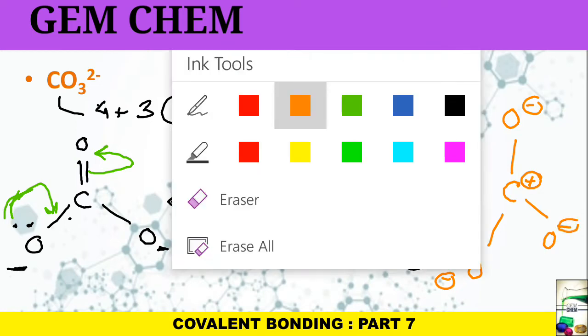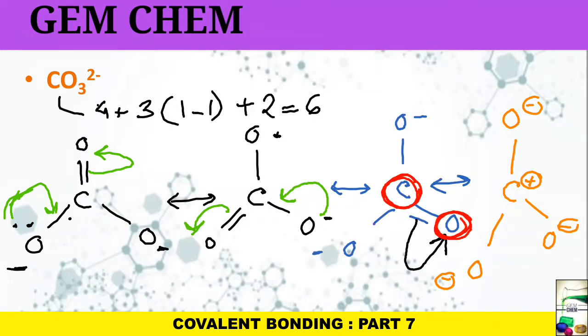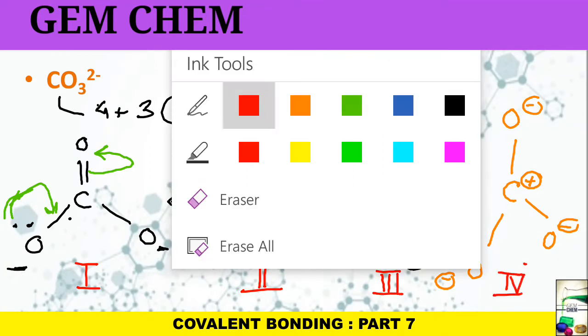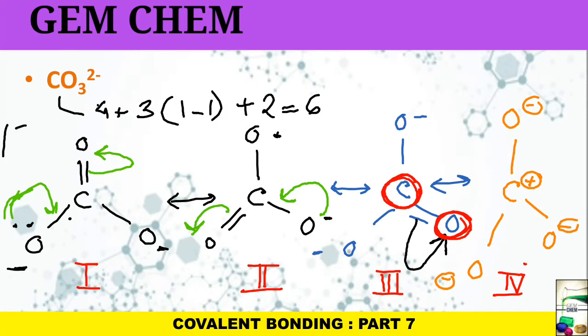And these structures will be numbered in order to understand their contribution in the resonance. So this is 1, next one is 2, this is 3, and this one is 4. And all these resonance structures should be drawn within a third bracket like this. This will be the proper way of representation.